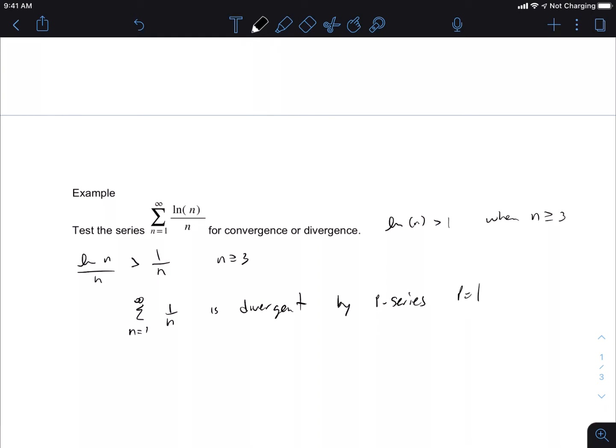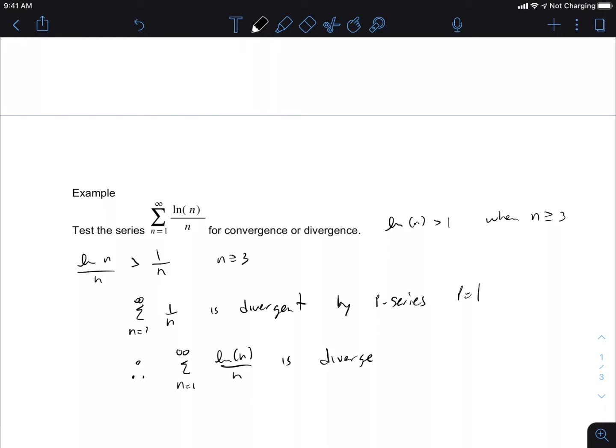So if this, which is smaller, is going to diverge, that means therefore that my sum of something that's slightly bigger is going to have to also diverge. So you can kind of see what the comparison test is telling us here. Basically, see something that's going to be relevant to it and then go from there.